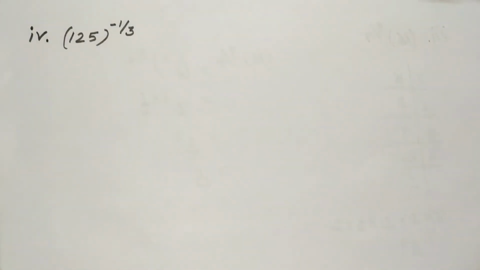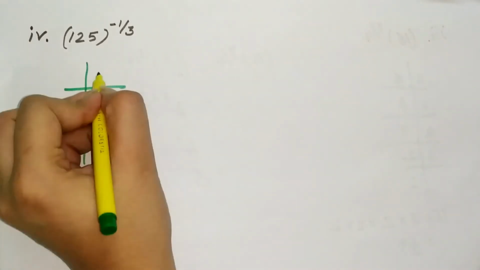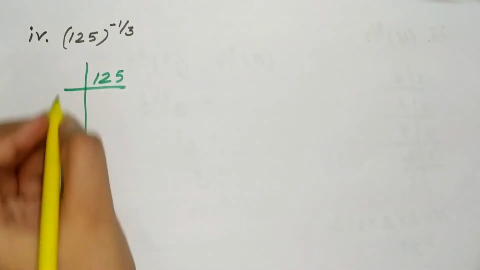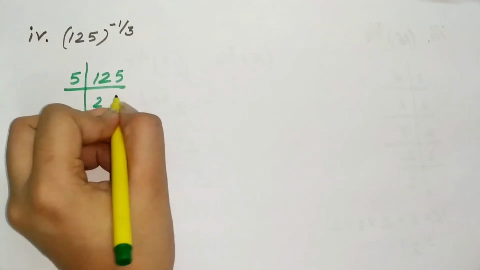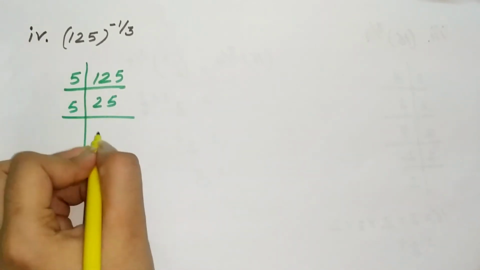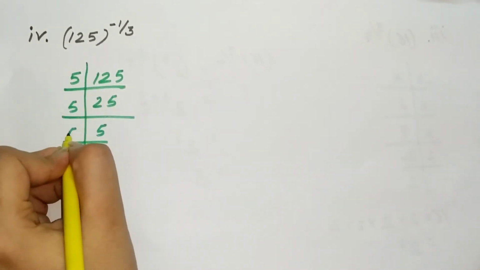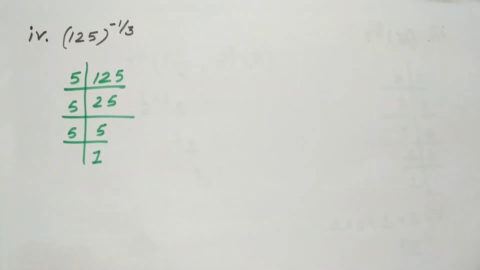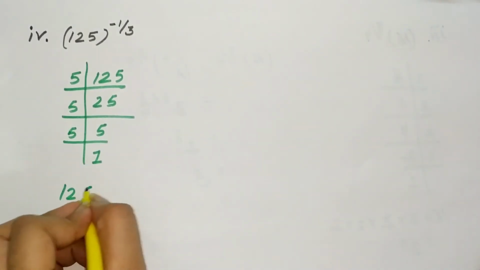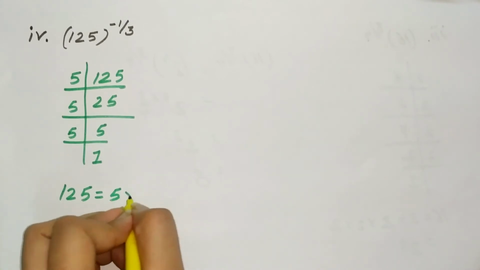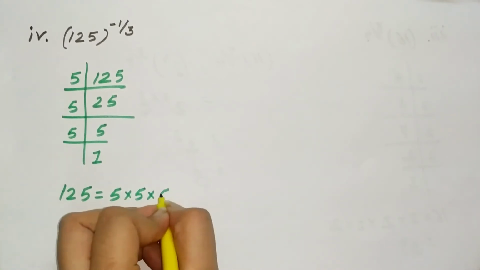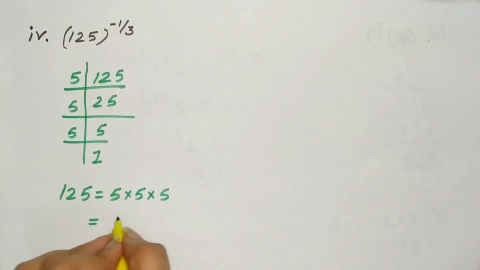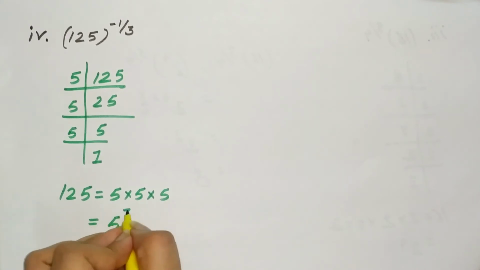So how will we do this part? Yes, find the LCM of 125. 125 is equal to 5 multiply 5 multiply 5 or 5 raised to the power 3.